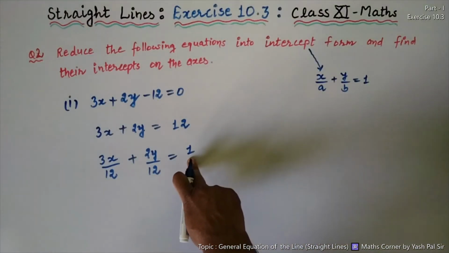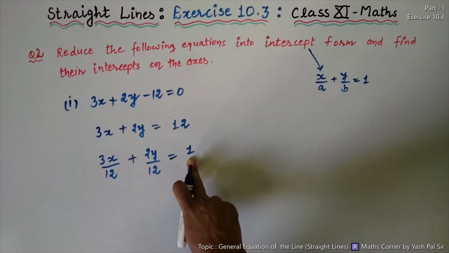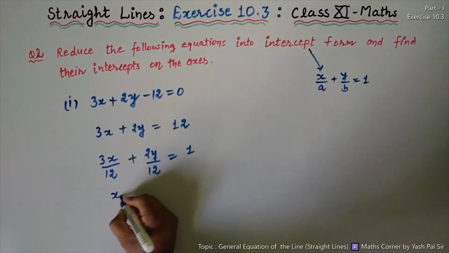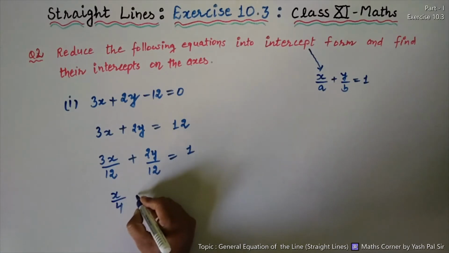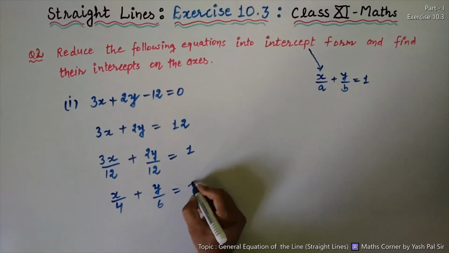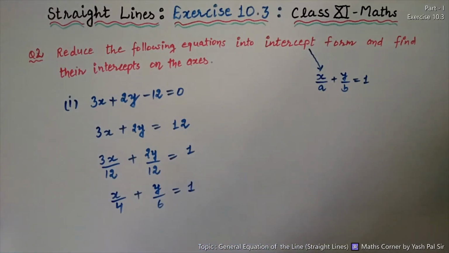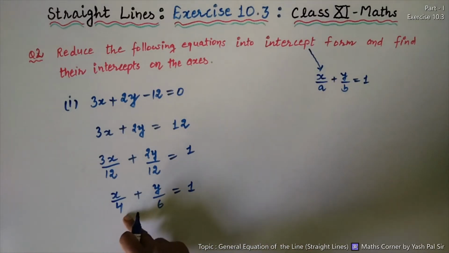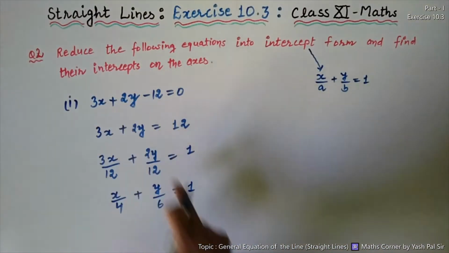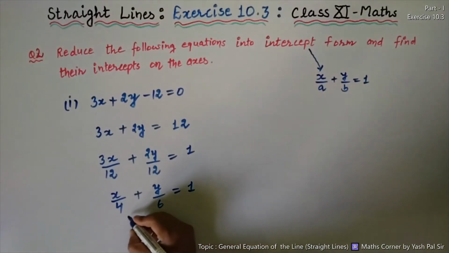So we have obtained the right hand side equal to 1. Now solving this, we have x divided by 4 plus y divided by 6 is equal to 1. So this is the intercept form of the given general form of the line.